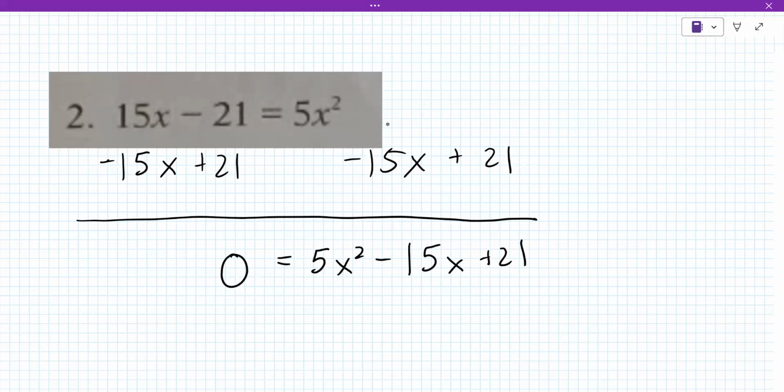There's a small problem, which is that 0 is on the left. We really don't like 0 on the left, so we'll just move it right. We'll just rewrite it here, putting 0 on the right: 5x squared minus 15x plus 21 equals 0.